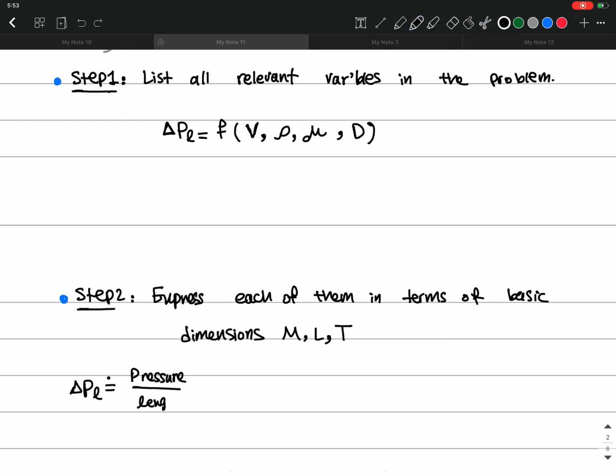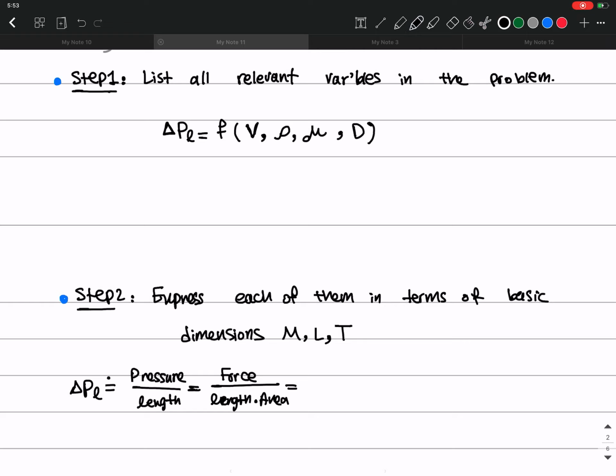and pressure is force per area, right? So it's going to be force over length over area. And for force, you know from the first few lectures we learned this.